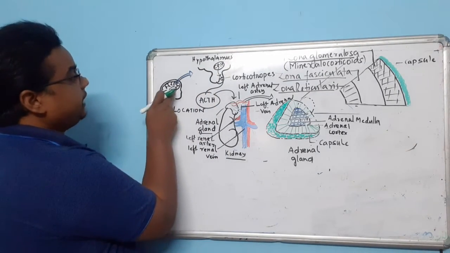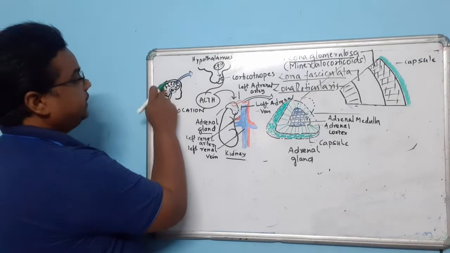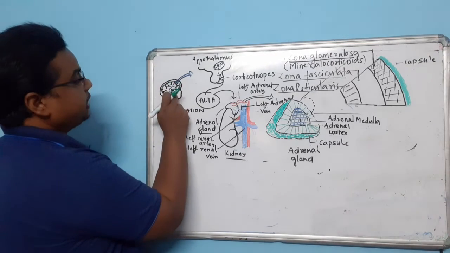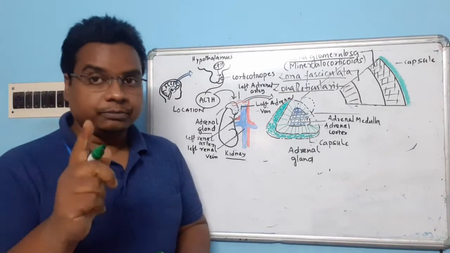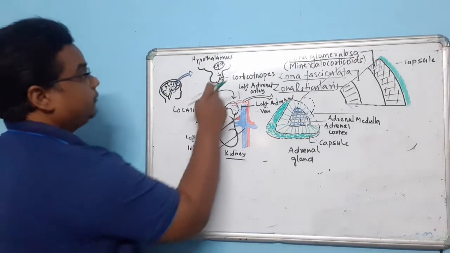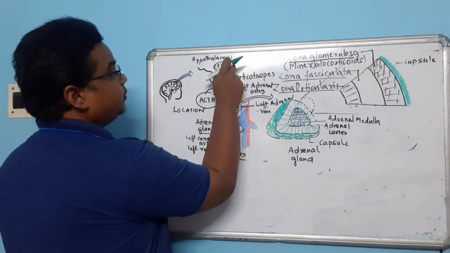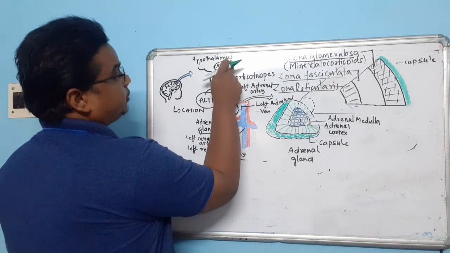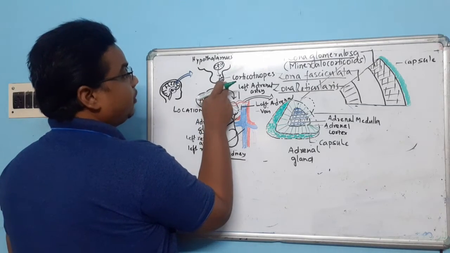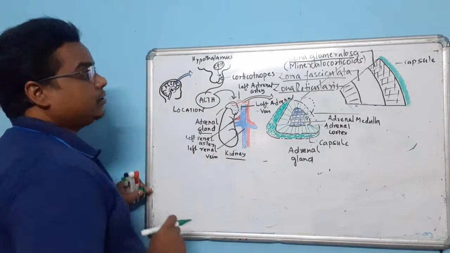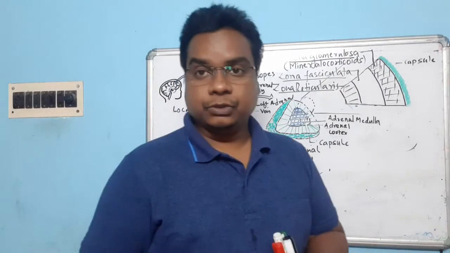Now this is your brain, which contains the hypothalamus and the pituitary portion. You must know that from the hypothalamus a regulatory hormone is released, which controls the release of hormones from the anterior pituitary.